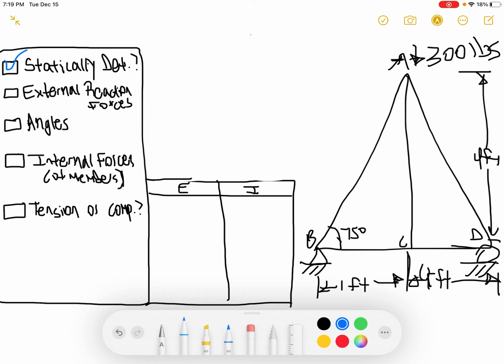We said there was 3 because of the roller and the pin support, but what are they? Well, remember back from the last lesson, I said that there's an X and Y force for the pin and only a Y for the roller. So let's erase these 2 supports and replace them with the labeled forces of what they are.